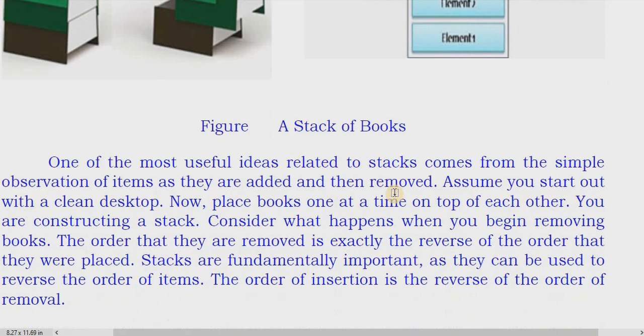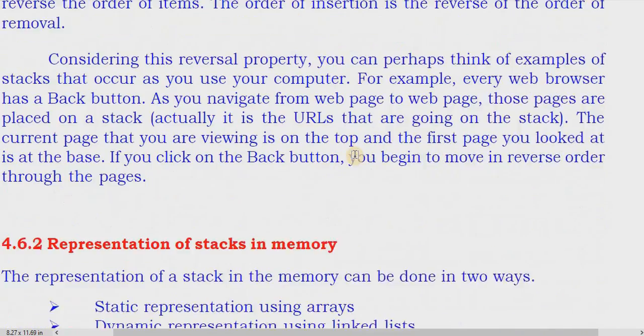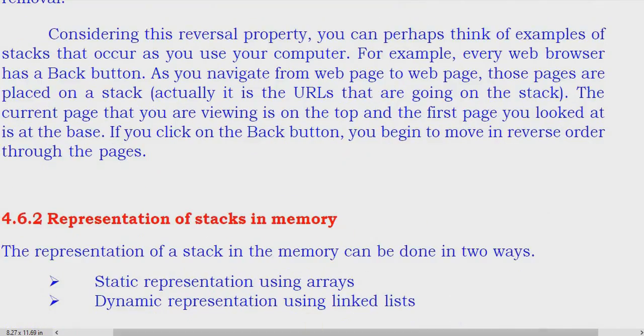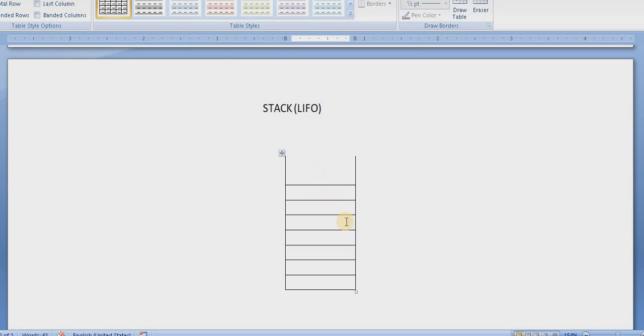For example, here I have drawn a picture of a stack. So this is a stack, also called last in first out. In a stack, one end is closed and one end is open.